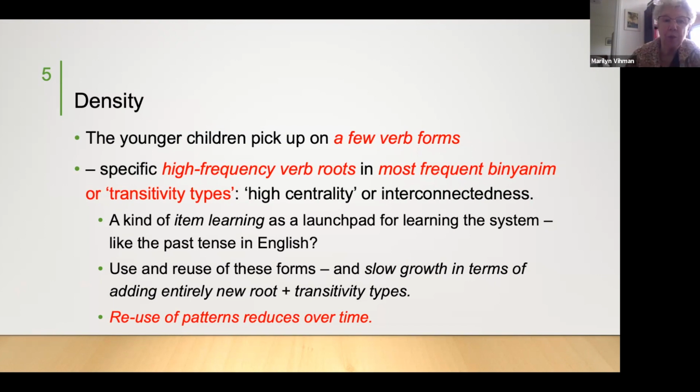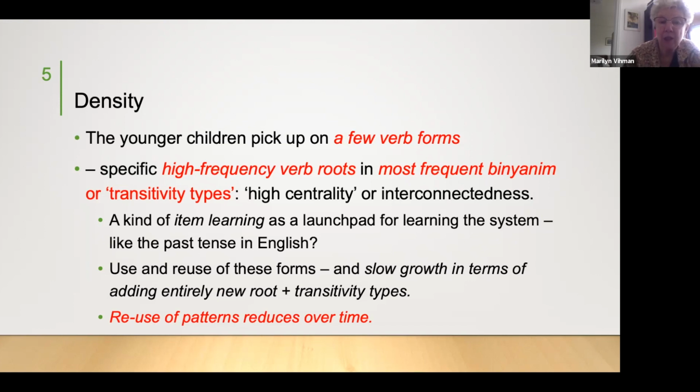And that's what the children pick up on. So they have a very dense system to begin with. And that seems to be, the way I understand it, a kind of item learning. They pick up on what is occurring the most often, and in Hebrew, that means both a particular conjugation type and a small set of verb roots.